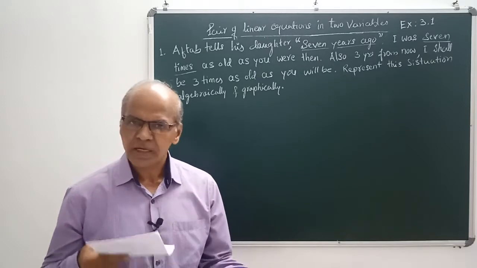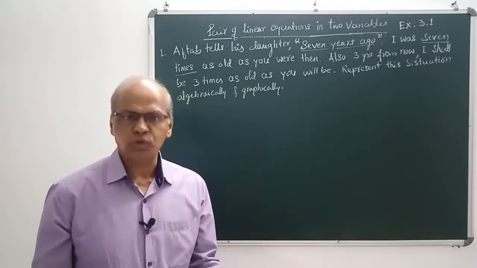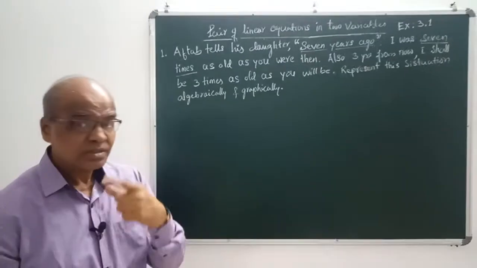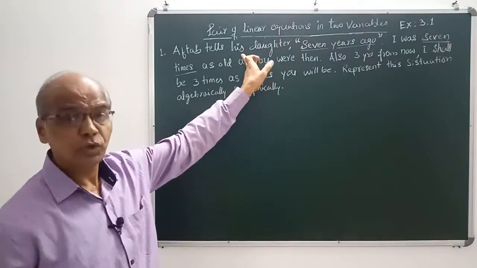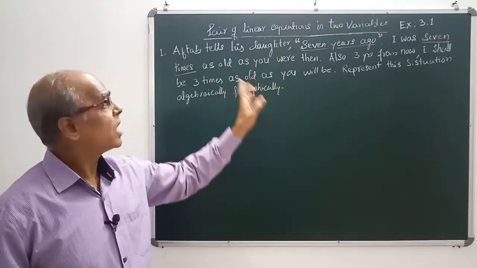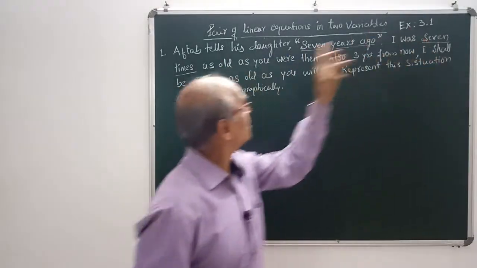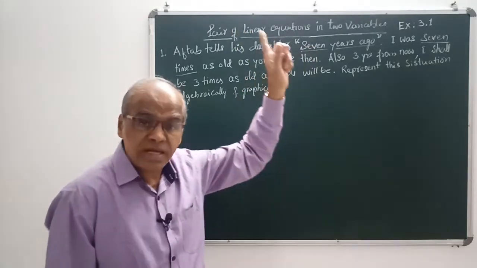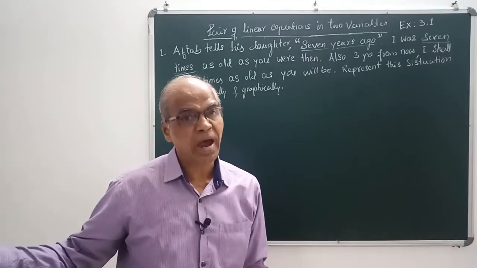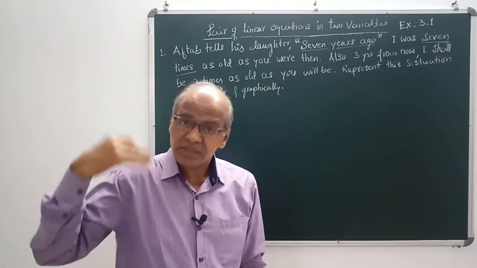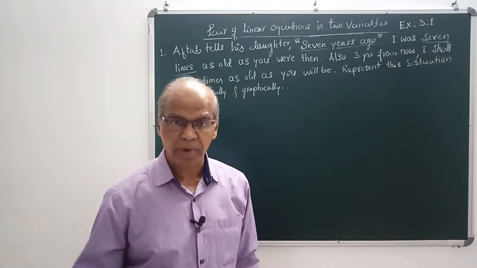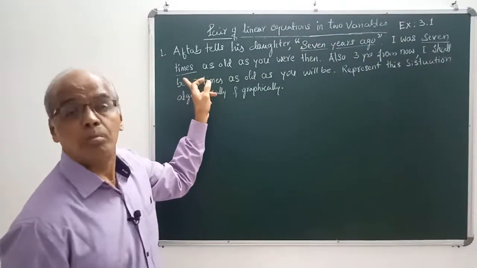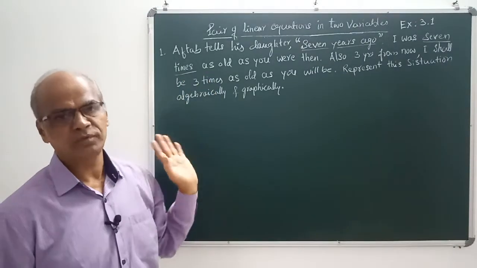The father tells the daughter: when you go back 7 years, I was 7 times as old as you were then. My age compared to your age 7 years back was 7 times more. This is the meaning of the question.